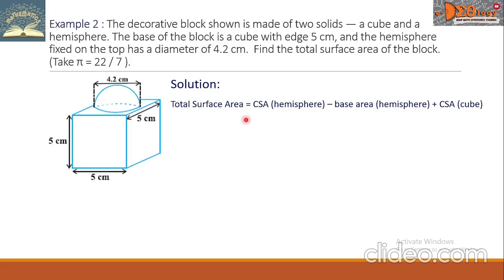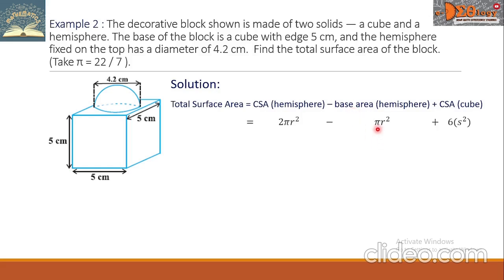The total surface area required is equal to the CSA of hemisphere minus the base area of the hemisphere, then plus the CSA of the cube. The formulas are here. The CSA of the hemisphere is 2 pi r squared, minus the base area, which is a circle.